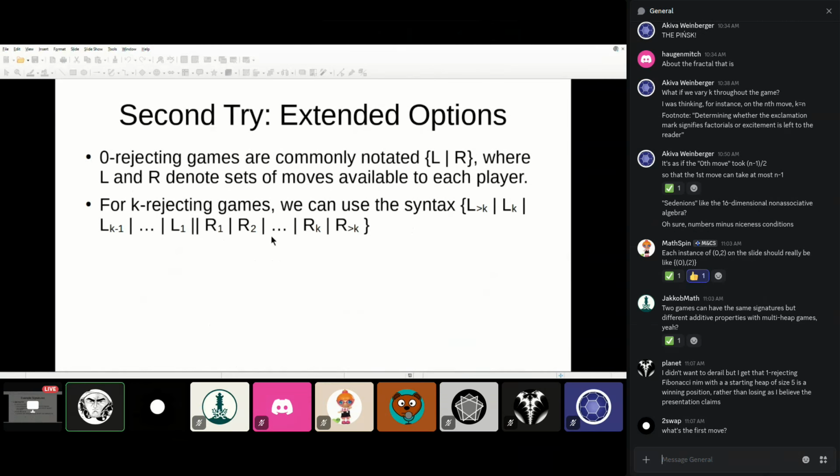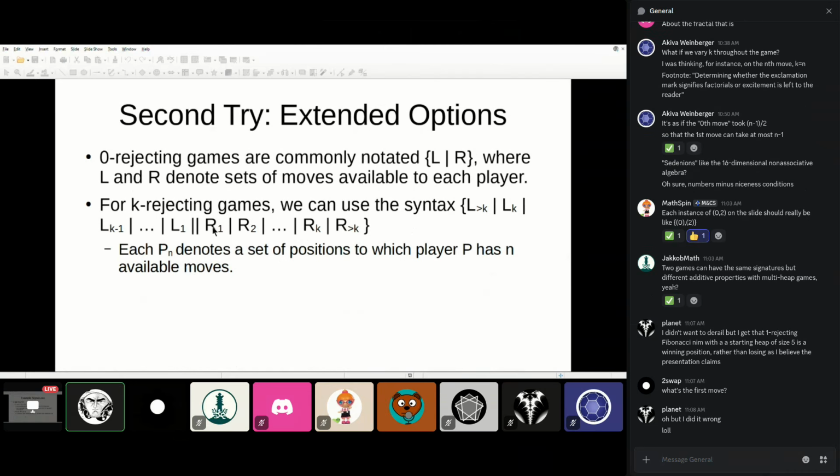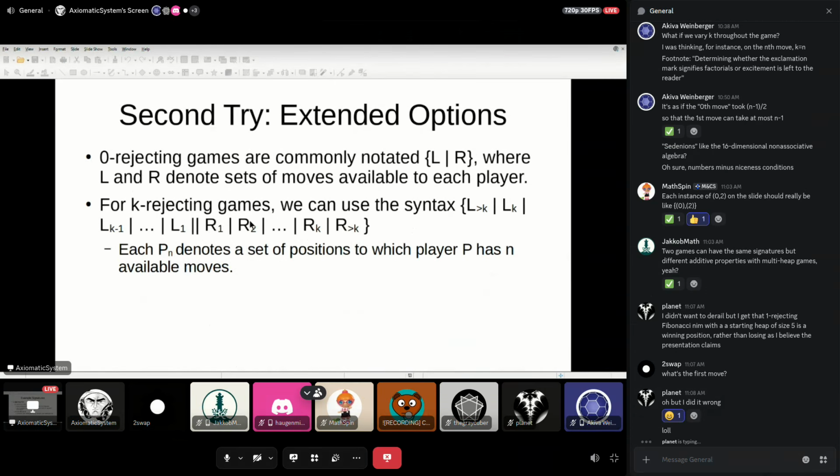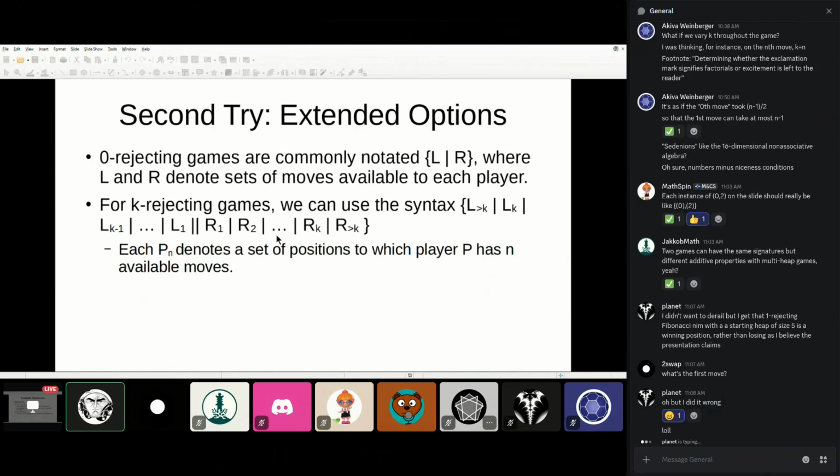And these subscripts denote how many moves are available to each of these positions. Now, this has to be built up inductively because we don't want any surprises where, say, there's a position here in R1 and a position here in R2, but these games are secretly the same, so really they should both be unified in R3.